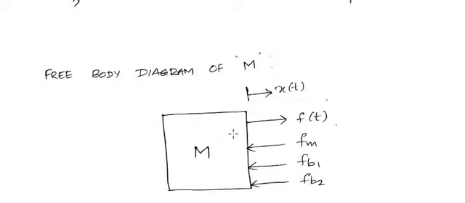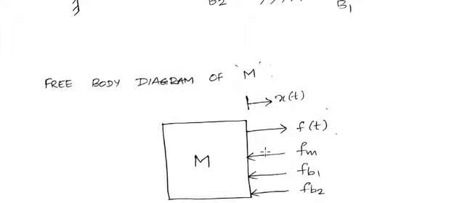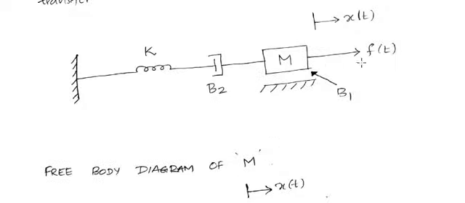So definitely there will be an opposing force due to the mass m itself. We will mark it as Fm, and its direction will be inward, right? Again, look at the given system. There is a frictional element, say representing B1. This B1 actually represents the frictional force between the mass and the ground point. So that will act as an opposing force.